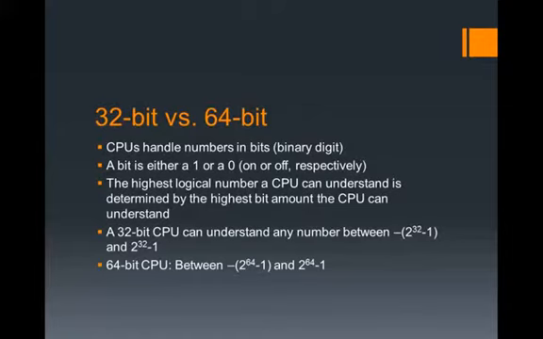Whatever the pattern may be, that's what the number is, and that's what the CPU recognizes as, okay, this pattern is this number. That's how computers can understand human numbers. I say human, you know, logical numbers.